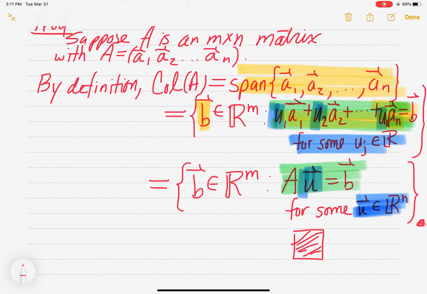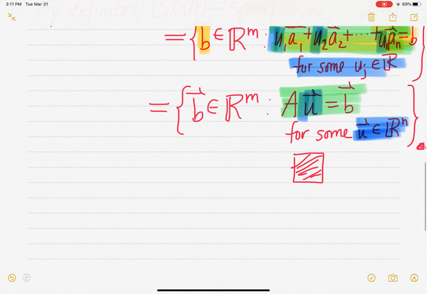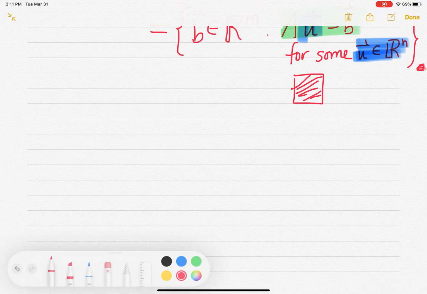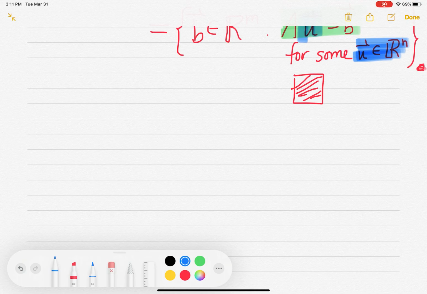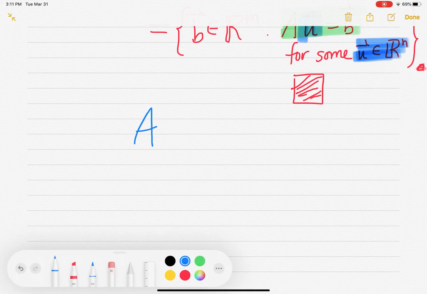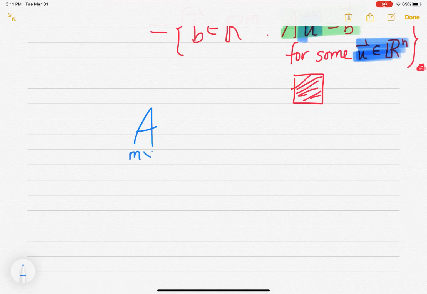So let's try to think about what this is saying. The column space consists of all vectors B such that AU equals B for some U in Rn. So we said that the matrix is kind of like a function. It's m by n, right?